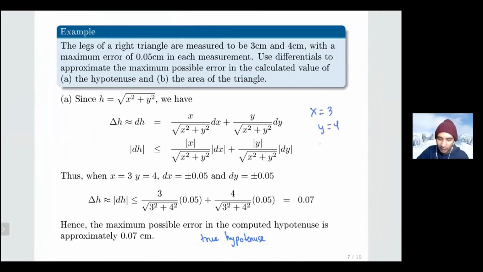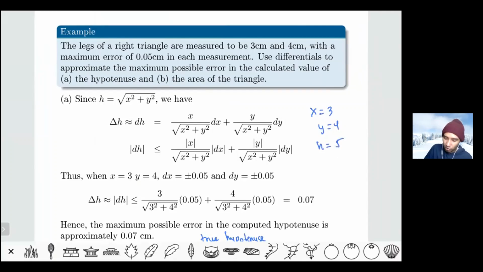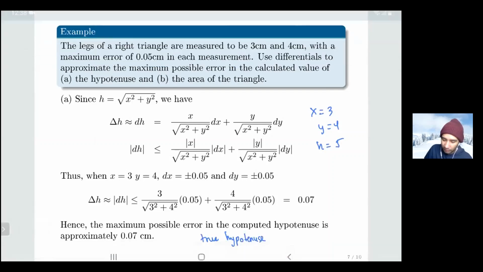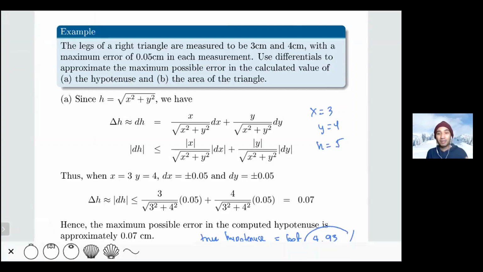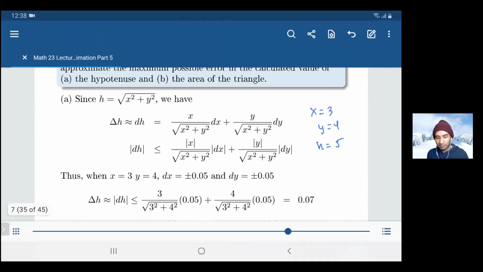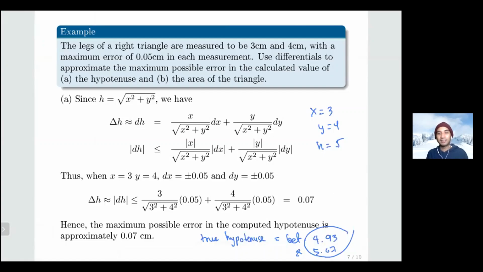So kung x ay 3 at y ay 4, ang mako-compute nating hypotenuse ay 5, na 3, 4, 5. So yung true hypotenuse, sabi dito, between something like 5 minus 0.07, so that's 4.93 and 5.07. So, di natin alam kung yung totoong hypotenuse, but it's somewhere in that interval. No? Alam na natin na nandyan lang siya.